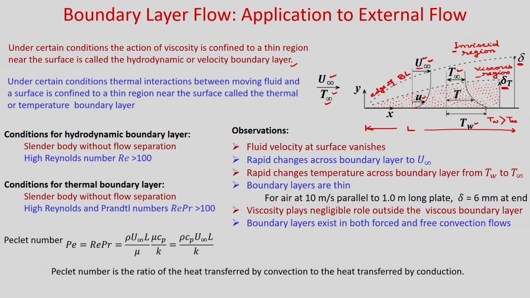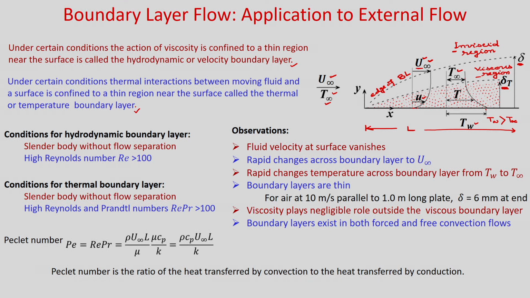So, this is the edge of the thermal boundary layer. Under certain conditions, thermal interactions between the moving fluid and a surface are confined to a thin region near the surface called the thermal or temperature boundary layer.